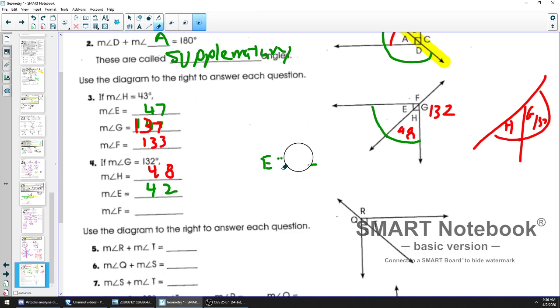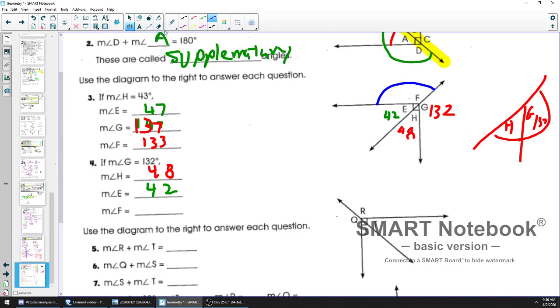Now the last one, F. Do I see anything with F that I can use that can make a straight line or 90 degrees? Well, look at this. This is a big angle, so we can't use 90 because it's bigger than 90.